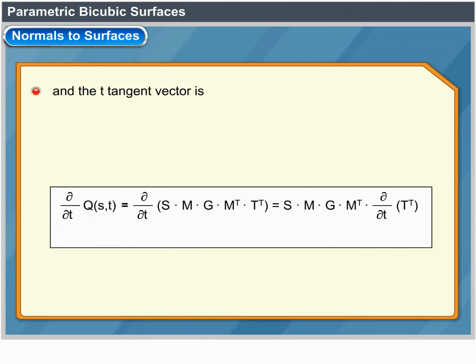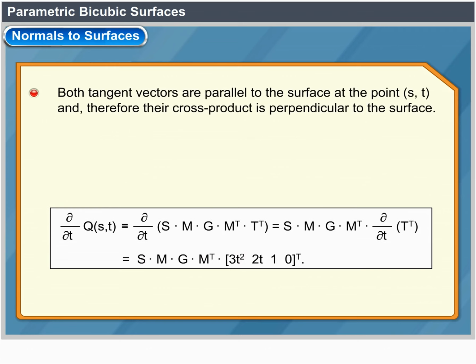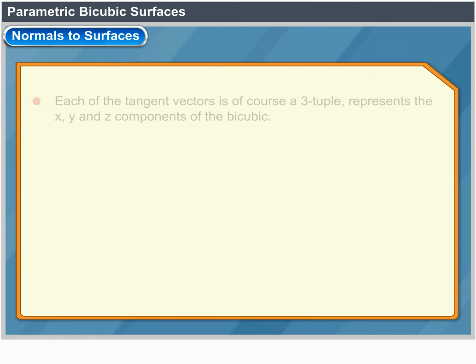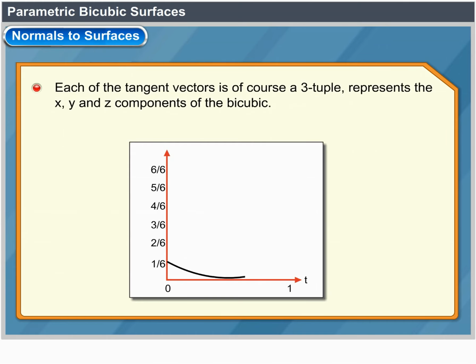Both tangent vectors are parallel to the surface at the point (S, T), and therefore their cross product is perpendicular to the surface. Notice that if both tangent vectors are 0, the cross product is 0 and there is no meaningful surface normal. Each of the tangent vectors is of course a 3-tuple representing the x, y, z components of the bicubic.